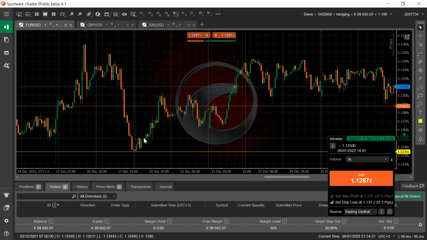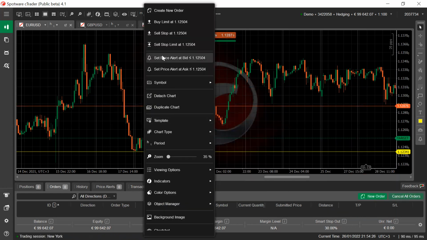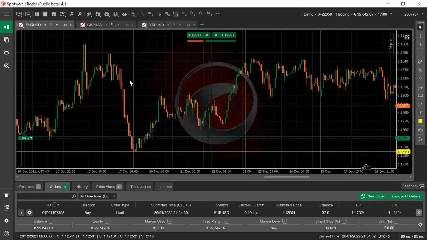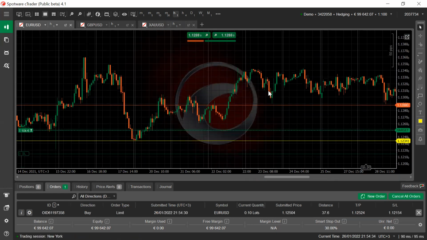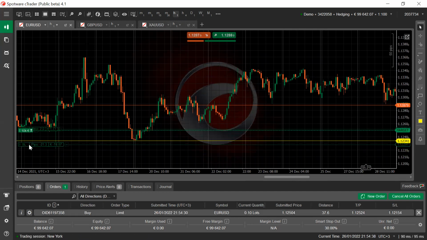If that is the point, you put your cursor there, and now you do a buy limit. The stop loss, you move it up here, 2 or 3 pips after that, and this one, you take it 15 pips.